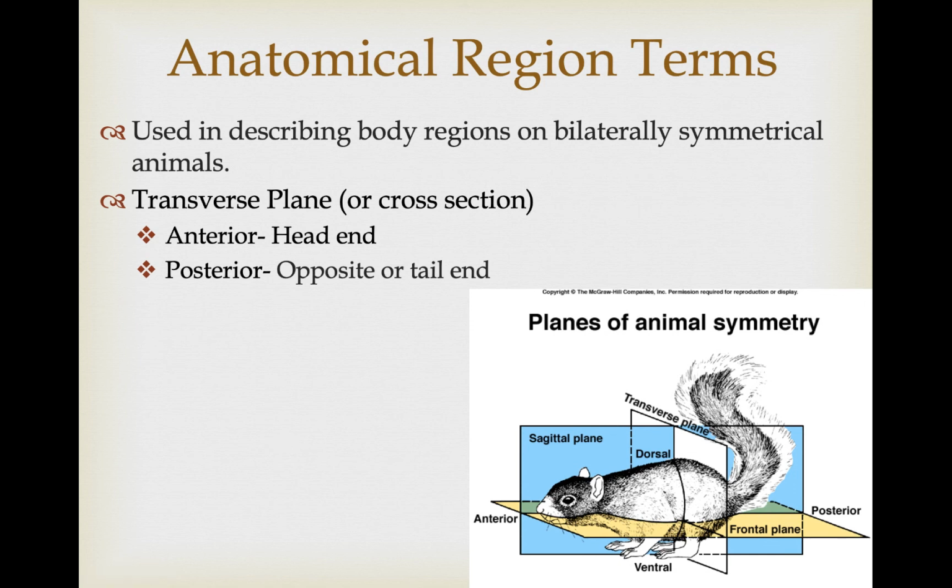When you talk about bilaterally symmetrical animals, you can talk about specific relative regional anatomical terms. So if we look across the transverse plane, or what is referred to as a cross-section chopping through an animal, right down the middle of the length, the longitudinal axis of an animal, we can have an anterior or head end, and then a tail end or posterior end.